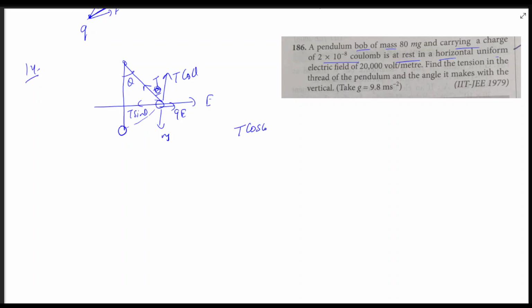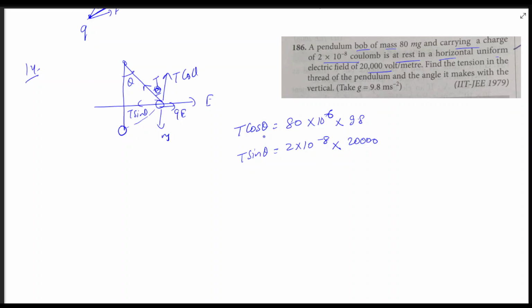So T cos theta will be equal to mg. So m will be 80 milligram. So 80 into 10 raised to power minus 6 kg, okay? Into g is 9.8. So this is our T cos theta, and T sin theta will be QE. Q is 2 into 10 raised to power minus 8, and electric field is 20,000.